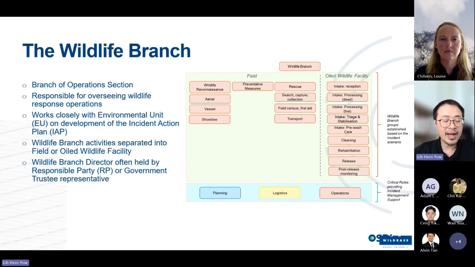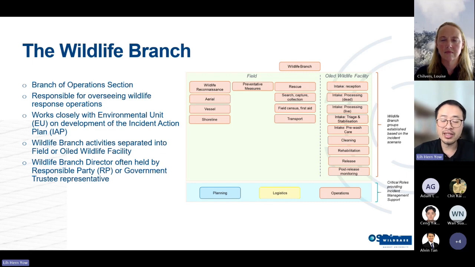approach. But let's look back in the IMS for organizations that still do not have any customization when it comes to wildlife response. So the wildlife branch, this has been mentioned by Dr. Louise already. You have the vet people, you have the facility people, so they are looking at different sides of things.